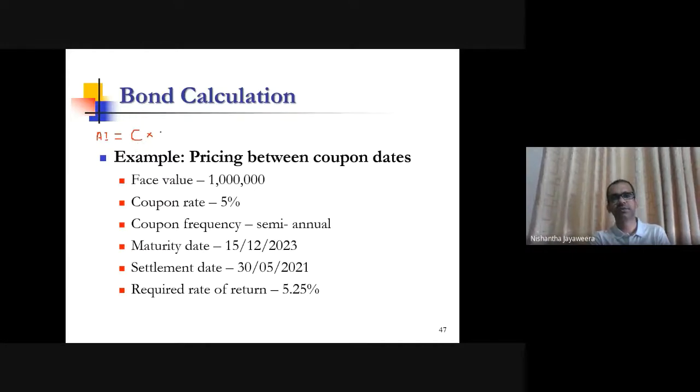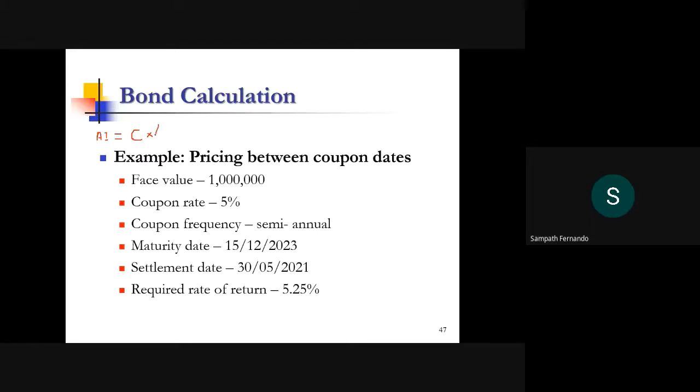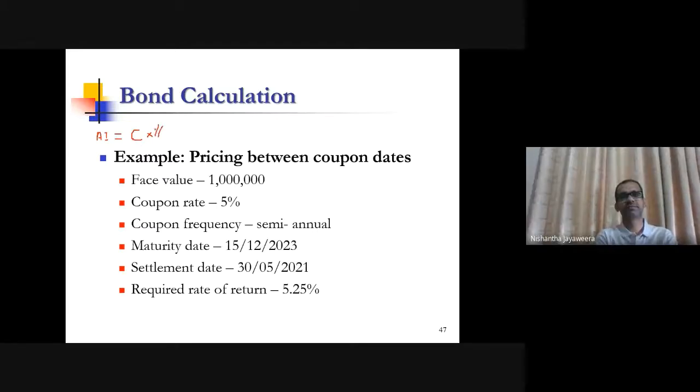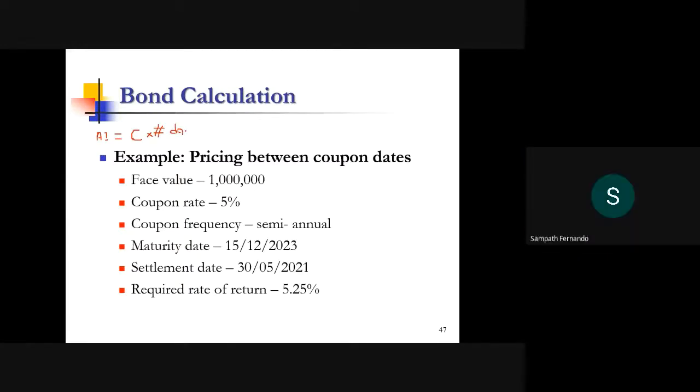Coupon is multiplied by number of days, where number of days is from the coupon date to settlement date.